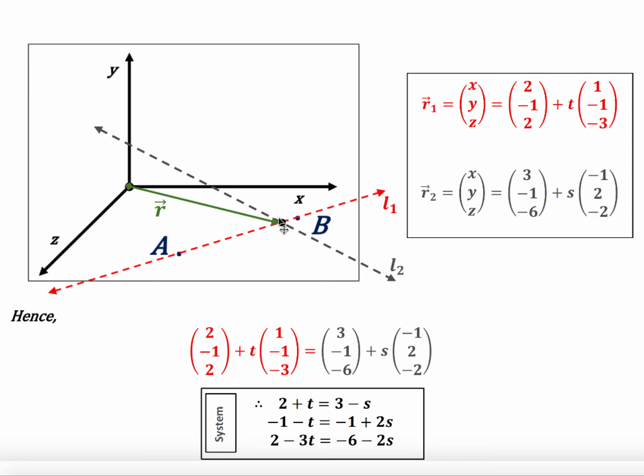Well, if you think about it, the position vector of that precise point right there is not only a point that's on the red L1, but it's also on the gray L2. And so if these x, y, z position vectors for any r on the red line, there's an infinite number of them, of course, and these are the x, y, z points described by this one.